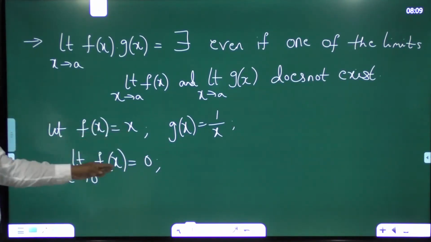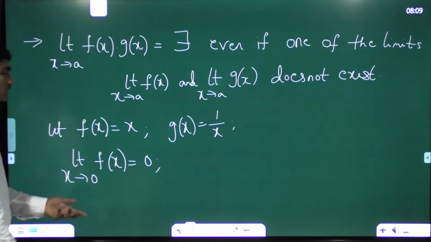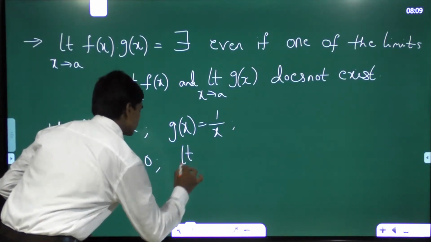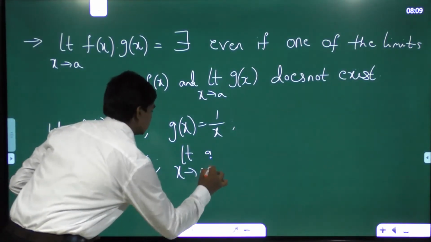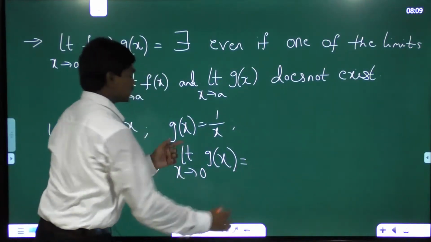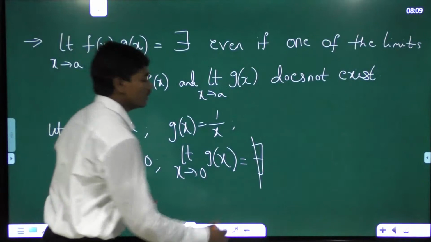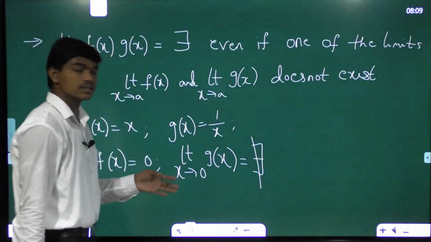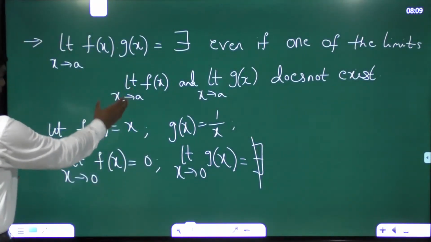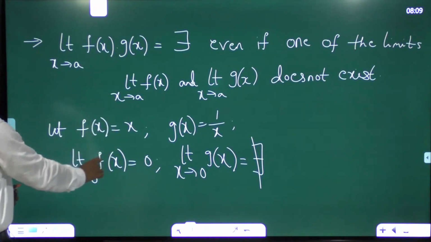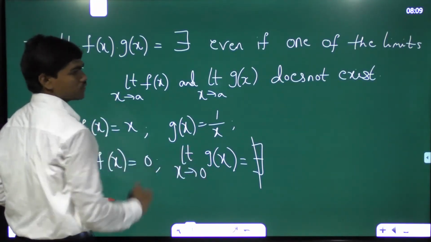Directly, if you put x here, limit x tends to 0, x will always be 0. And limit x tends to 0, g of x, which is limit x tends to 0, 1 by x, does not exist. We have seen this when discussing the curve of y equals 1 by x. Correct? Now, this is a case where for one function the limit exists at a point, and for the other function the limit does not exist at that point.